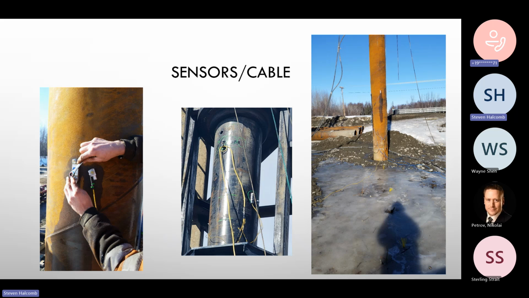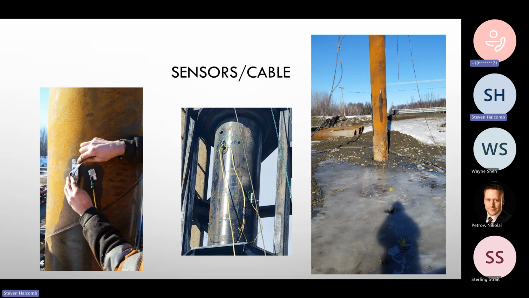So what does this look like? Back to our parts and pieces roadmap here. Just a couple of photos of what it would look like up close. On the left side, we're moving away from the pile, if you will. Once a pile gets lofted up in the air and you're driving it, a lot of times you have the sensors attached to the pile.